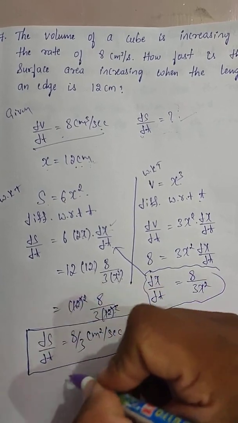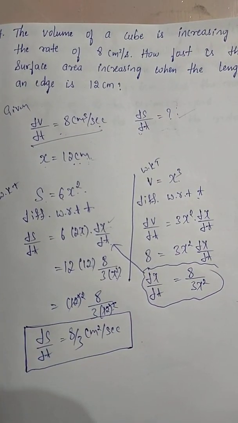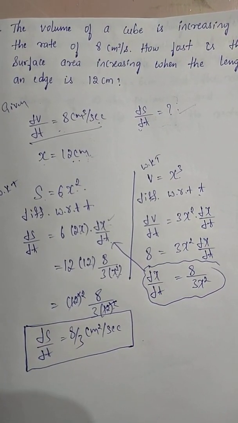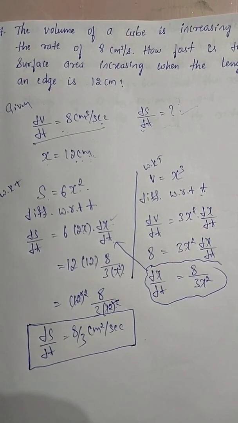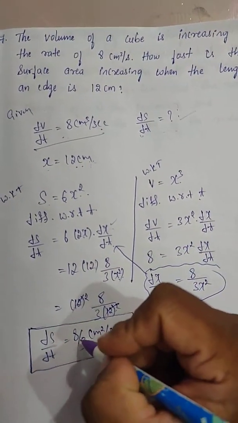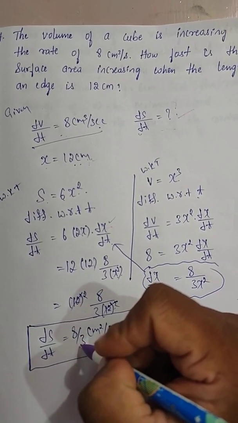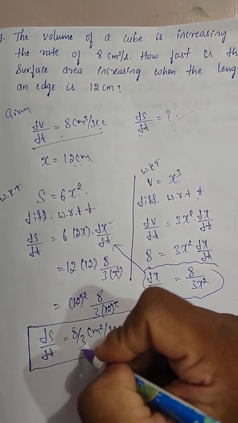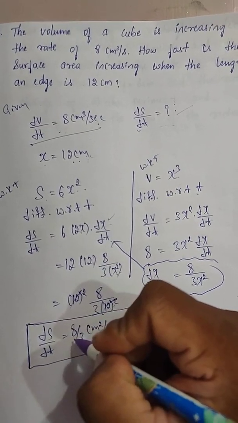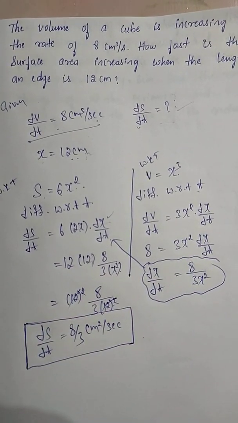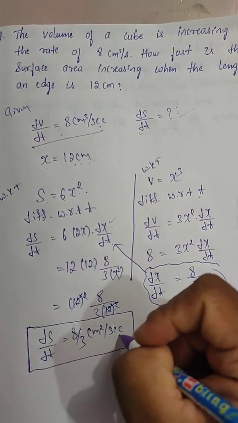So now the answer is dS by dt is equal to 8 by 3 centimeter square per second. Is it clear? If you want to simplify, 8 by 3 means you will get an answer around 2.666. Whether you write it in fraction or decimal is your wish. But the unit must and should be written.